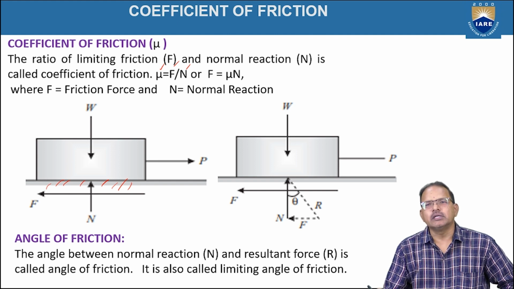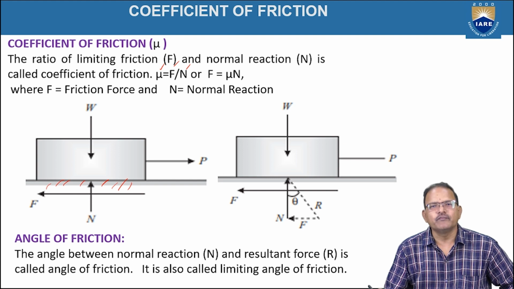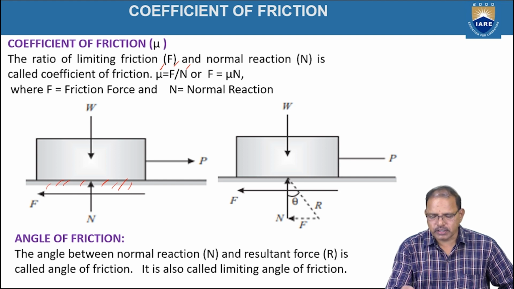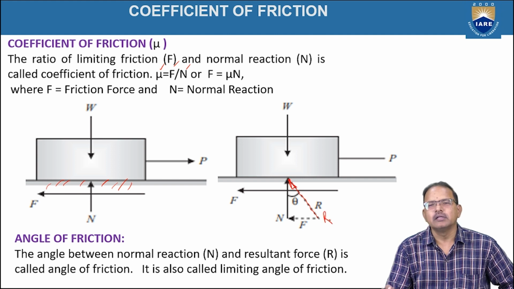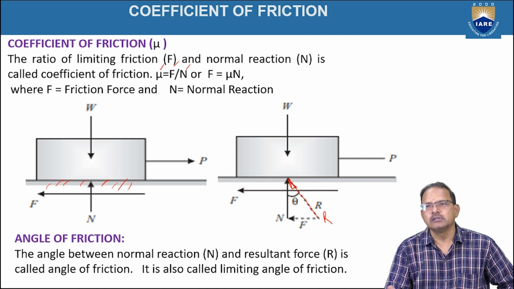Here, the resultant of frictional force and normal reaction is represented as R. R represents the resultant of frictional force and normal reaction, which makes an inclination with the vertical as shown in the figure.